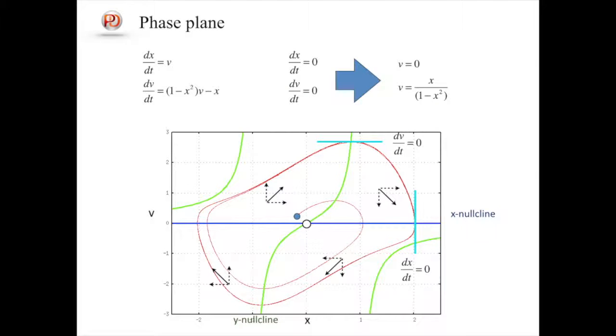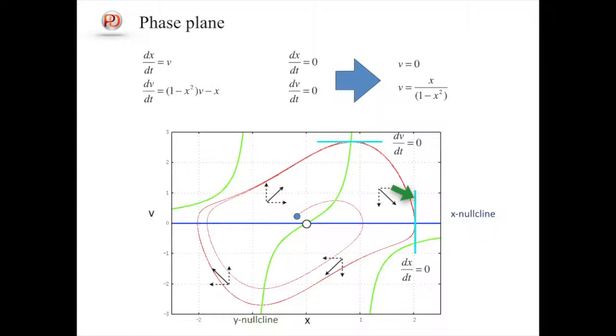In this case, the solution of dx/dt equals 0 is v equals 0. Hence the line v equals 0 is called x null line. The solution of dv/dt equals 0 is v equals x over 1 minus x square, which is y null line.